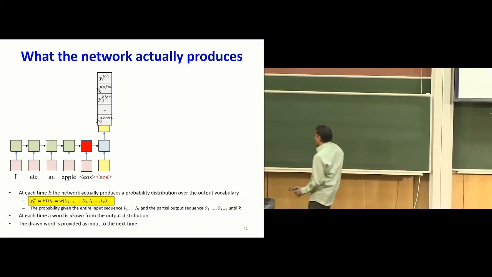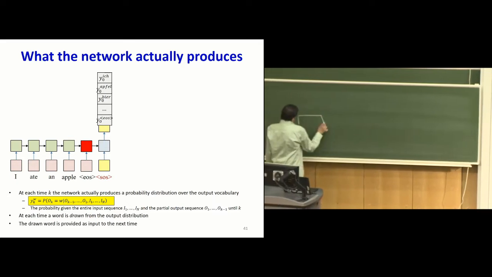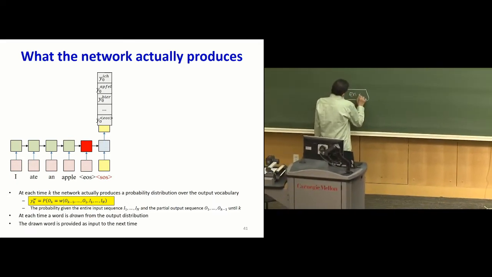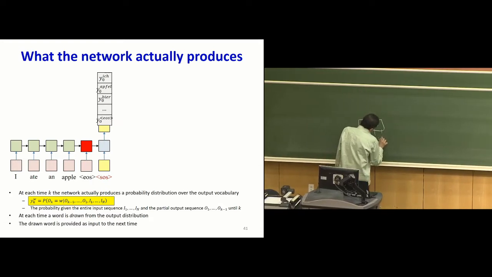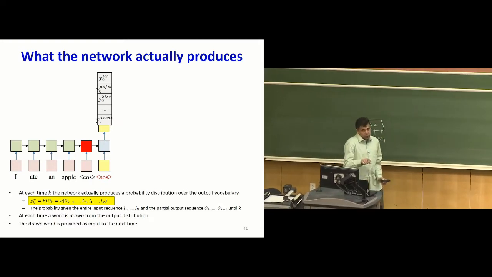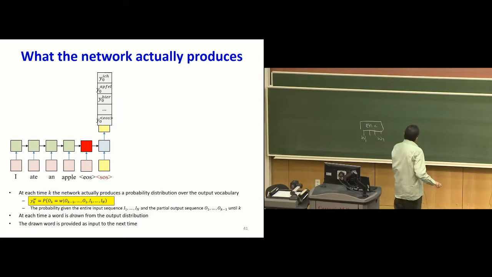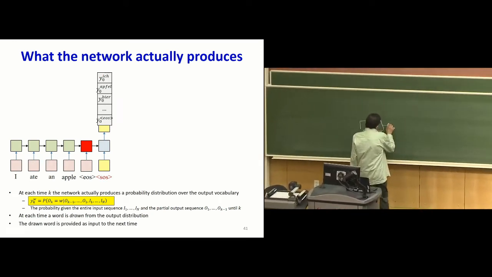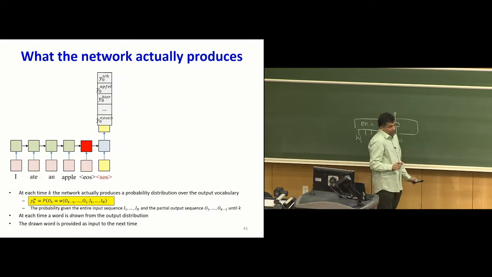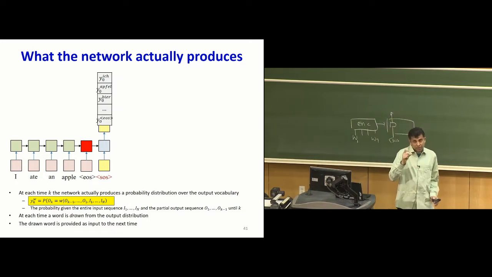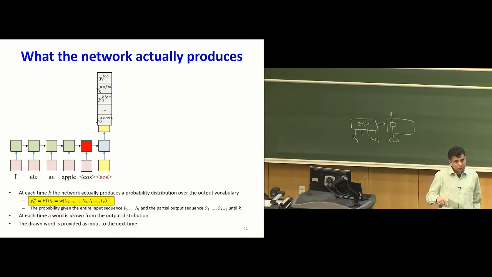I have my encoder, and the encoder is going to see my sequence of input words W1 through WT. Then this goes into my decoder, and my decoder sees at the initial time the hidden representation produced from the input sequence and the initial start of sequence symbol.